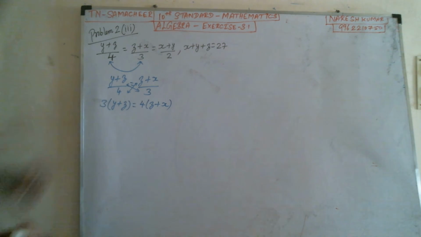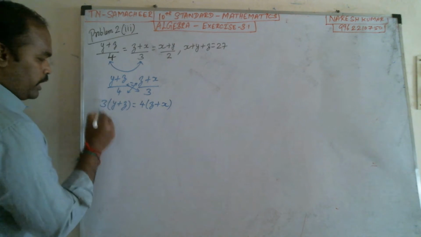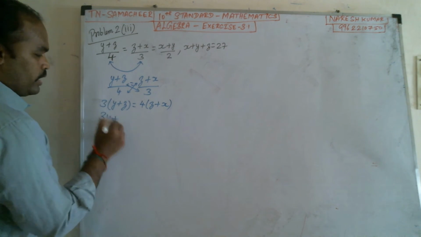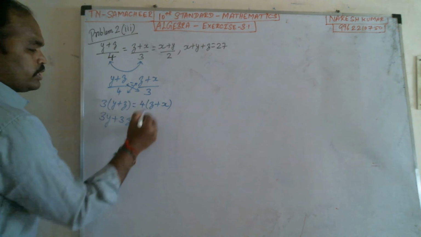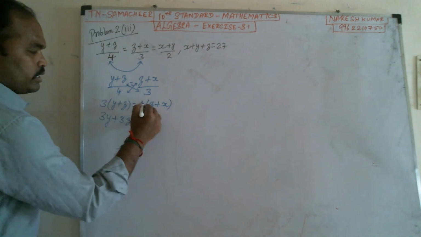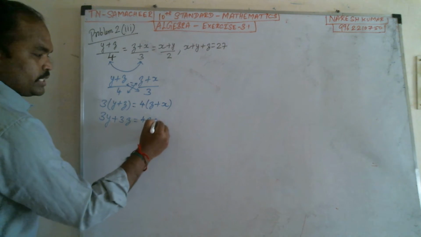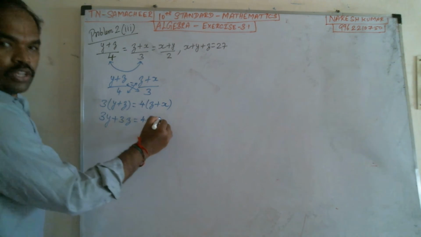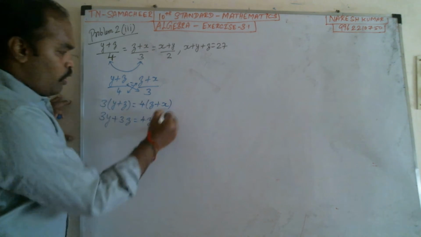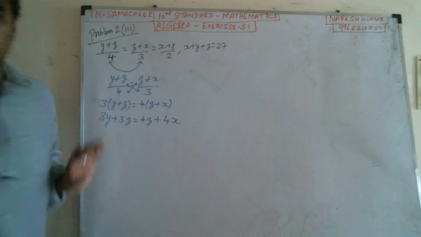How do we write this equation? 3 into y, 3y. 3 into z, 3z. 4 into z is 4z. 4 multiplied by plus x, plus into plus is plus, so 4 into x, 4x.